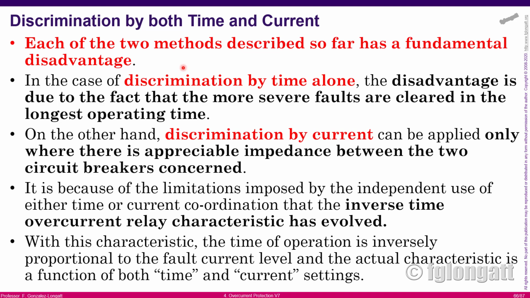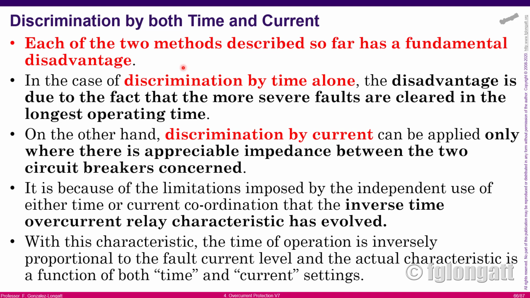We can use discrimination by time alone, but the problem is that the most dangerous faults will be cleared in a very long time. And if we use discrimination by current, we have the great problem that when the impedance changes in the system, the short circuit level changes, and also if the impedance separating two points is too small, the discrimination will be a problem.